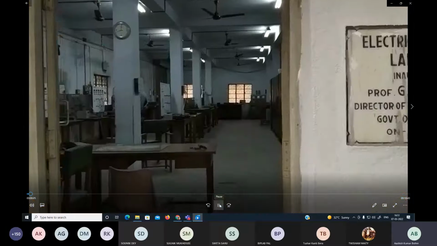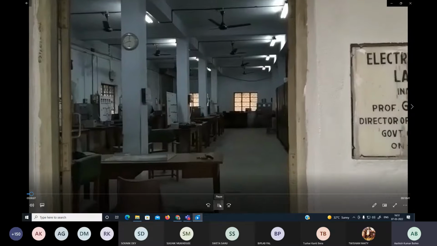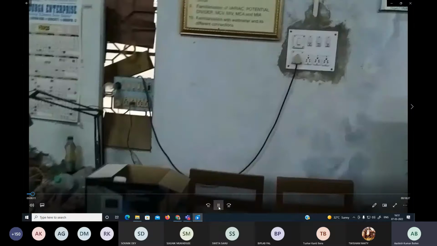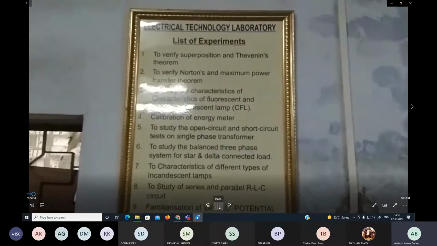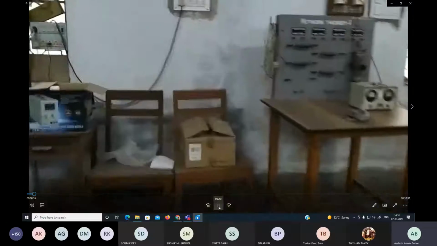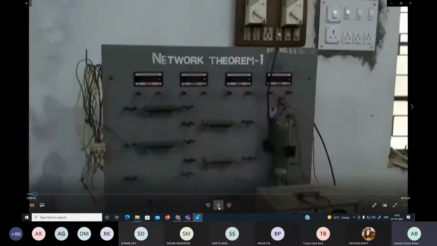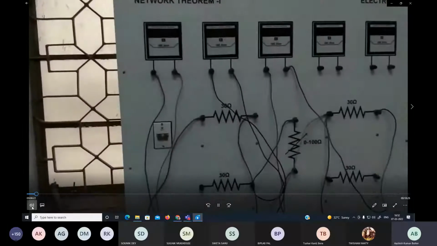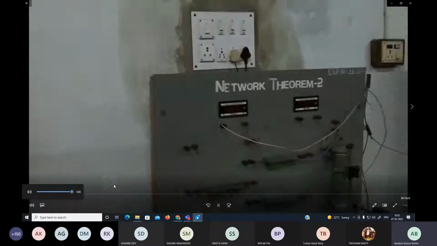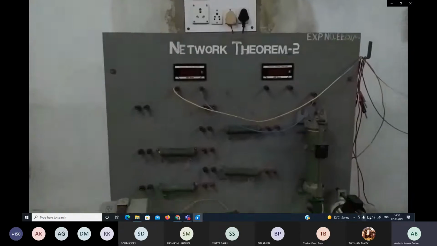You see and listen. This is our electrical technology laboratory. Is it audible? Yes, sir. Here you can see the list of experiments. This is the experimental table for network theorem 1, and another setup for this, network theorem 2.